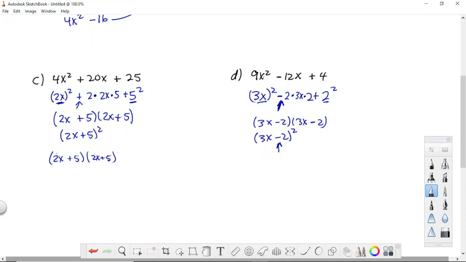Okay, let's FOIL that out. 2x times 2x is 4x squared. 2x times 5 is 10x. And then 5 times 2x, well, that's 10x. And 5 times 5 is 25. So sure enough, you get 20x. It's that middle term, and it comes about as 10x plus 10x. So yeah, the pattern is it'll be 2 times that 2x times 5 deal, because that's what we have right here, right? We have 2 of those, 2x times 5, which is 10x.